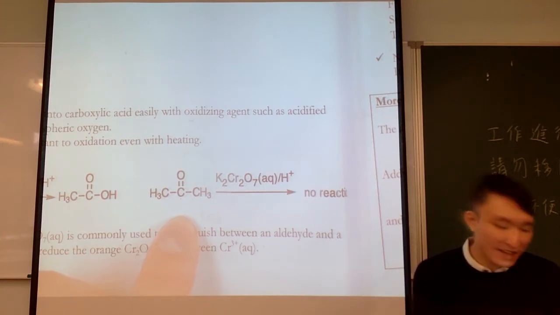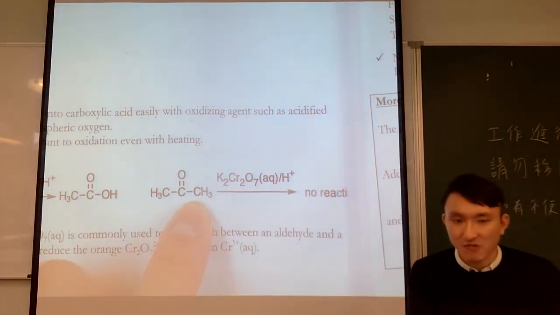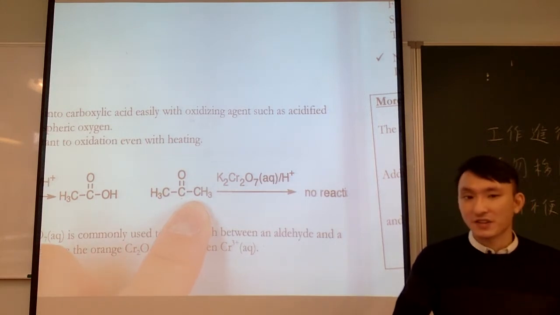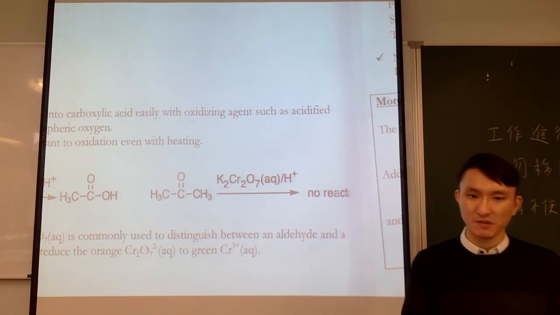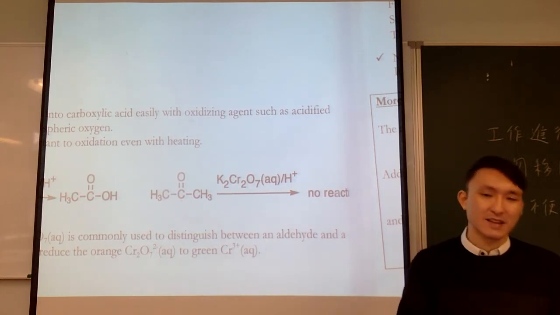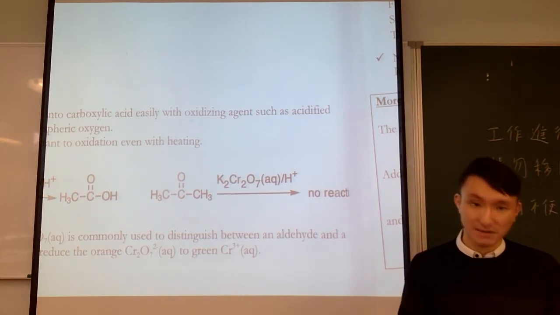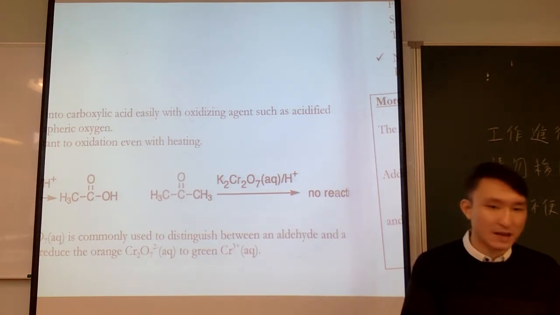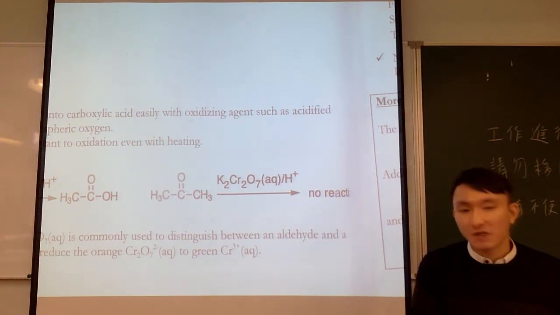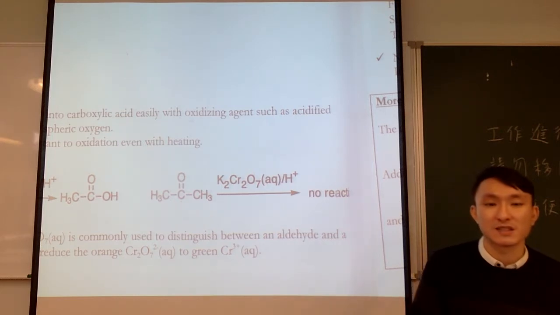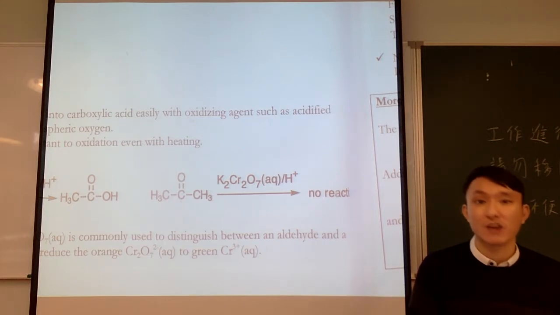And you may ask, can I take away the methyl group? The answer is no, because we rarely split a carbon-carbon single bond. We may open up a carbon-carbon double bond, but a carbon-carbon single bond, we rarely split it. The only situation where we split a C-C single bond is when we are doing cracking.